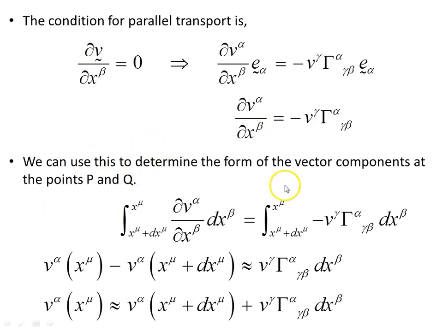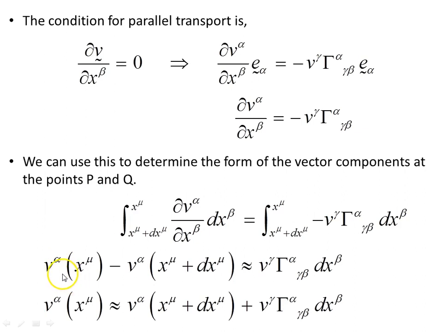Now we can use this to determine the form of the vector components at the points P and Q. We're going to integrate this expression from x^μ plus dx^μ, the point Q, parallel transporting it back to the point x^μ, so we'll integrate in that order, and the same on the other side as well.